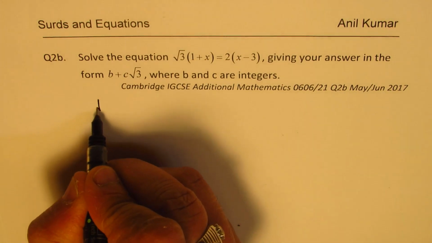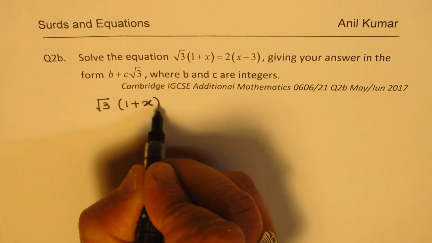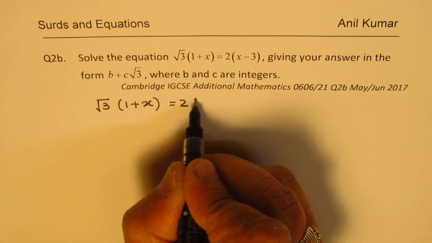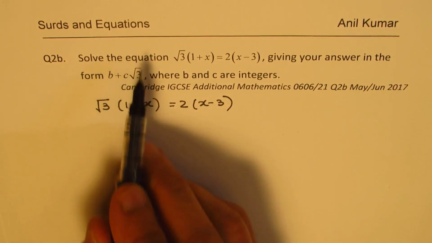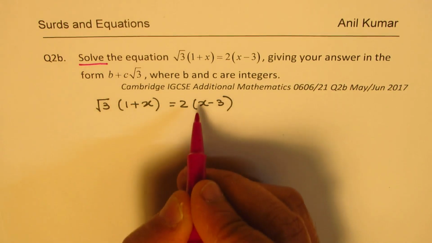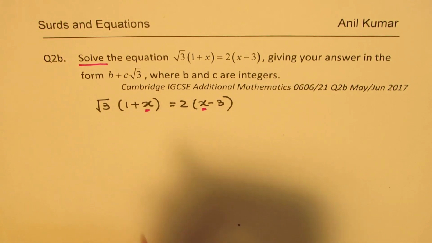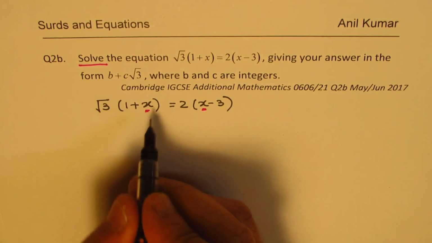So let's see what the question is. Square root 3 times 1 plus x equals to 2 times x minus 3. So solve the equation really means you need to isolate x and find x, correct? That's what it means.